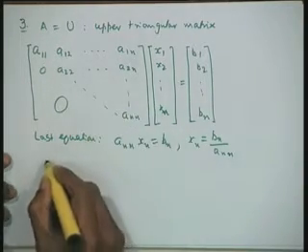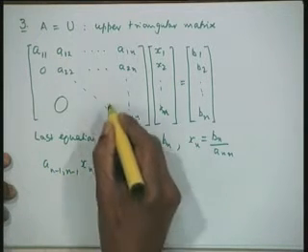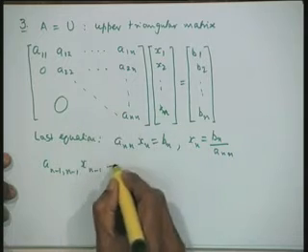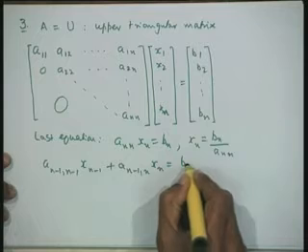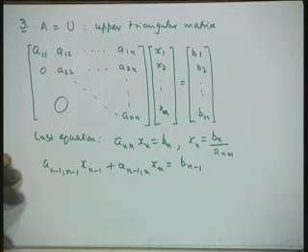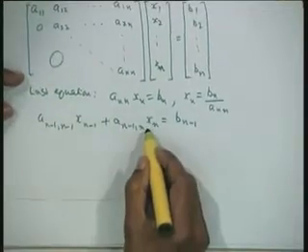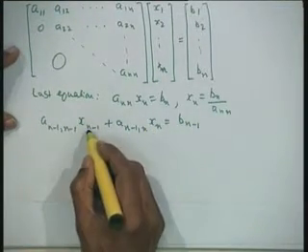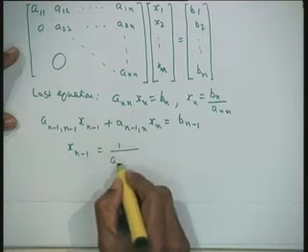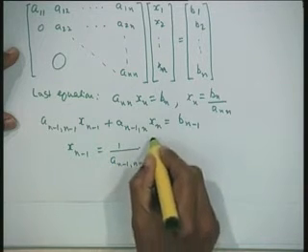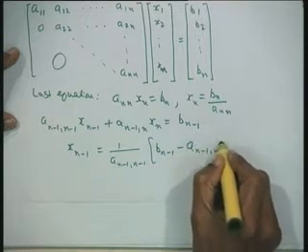The previous equation will read a n minus 1 n minus 1 x n minus 1, that is the diagonal element, plus the last element a n minus 1 n xn is equal to b n minus 1. Now, xn is determined, so this goes to the right hand side. I can find x n minus 1 from here as x n minus 1 is 1 upon a n minus 1 n minus 1, times b n minus 1 minus a n minus 1 n xn.